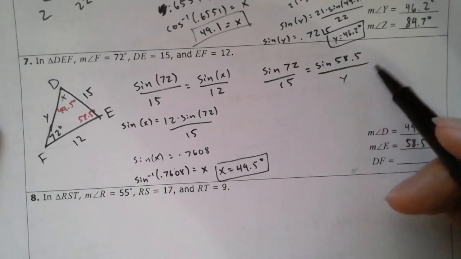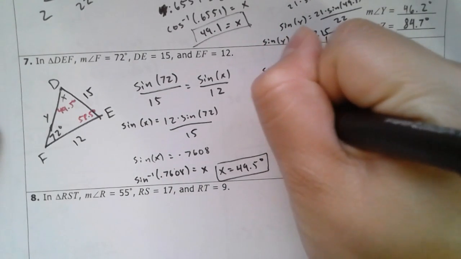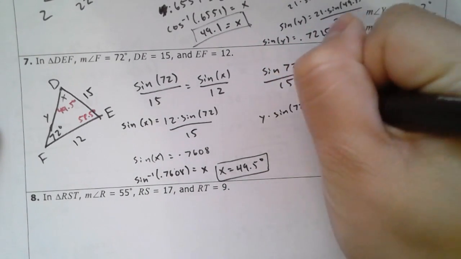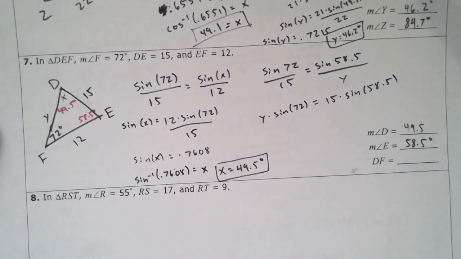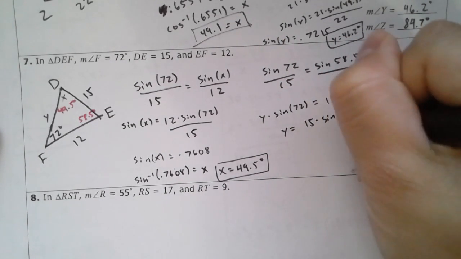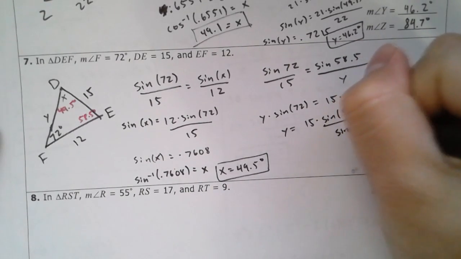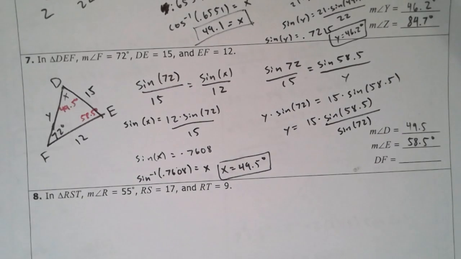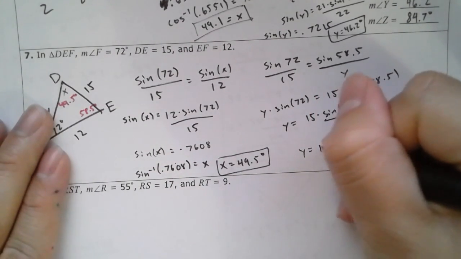Multiply both sides by y, multiply both sides by 15, you're going to get y times sine of 72 is equal to 15 times sine of 58.5 degrees. So y is equal to 15 times sine of 58.5 over sine of 72. And then when you put that in your calculators, you're going to get that the y value is 13.4.